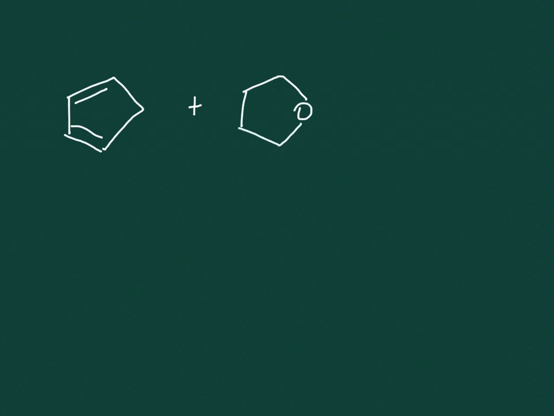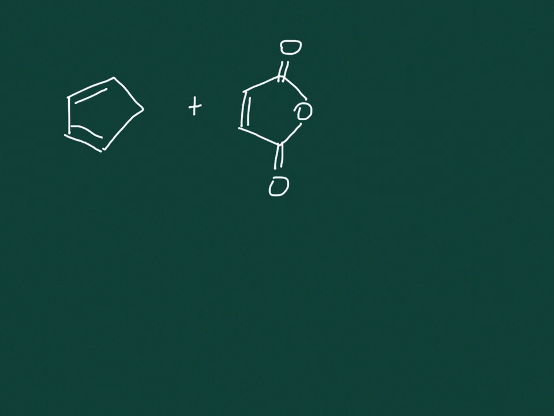So let's look at another example. Here we have cyclopentadiene plus our anhydride, which is the dienophile.